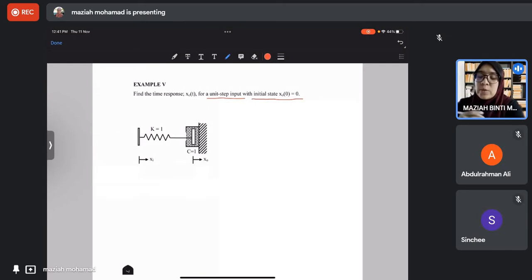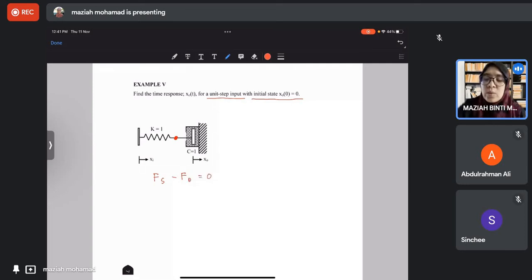First, of course, we're going to find the equation. So we know F spring minus F damper equal to 0.